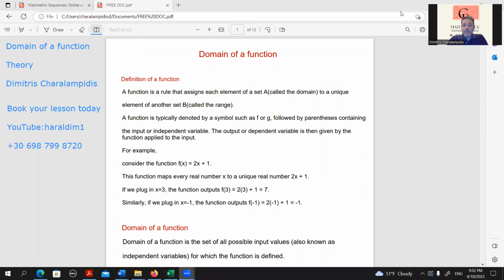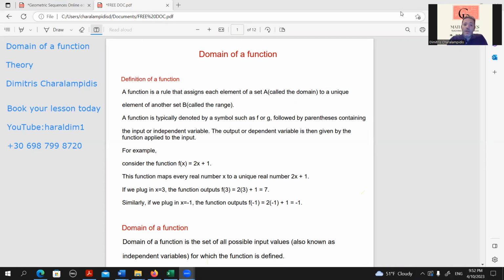First of all, let us all remember what a function really is. Let us remember how we actually define the function. A function is basically a rule between two sets that assigns each element of a set A, let's call it the domain of the function, to a unique element of another set B, let's call it the range of the function, respectively.